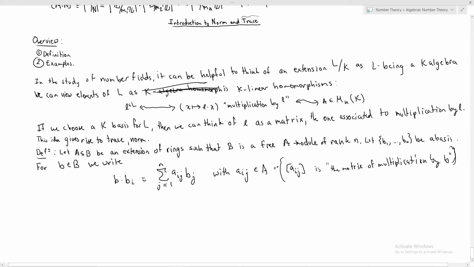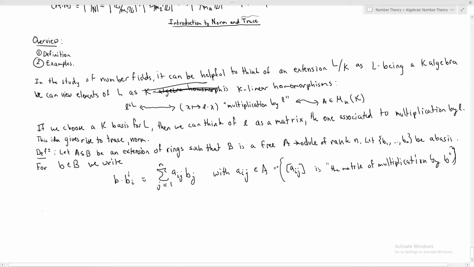If you think of this as the ith standard basis vector, with a 1 in the ith coordinate and zeros elsewhere, then this should pick out the ith column, and this is telling us the ith column is aij, where j runs from 1 to n. So this is the matrix that we're talking about up here.